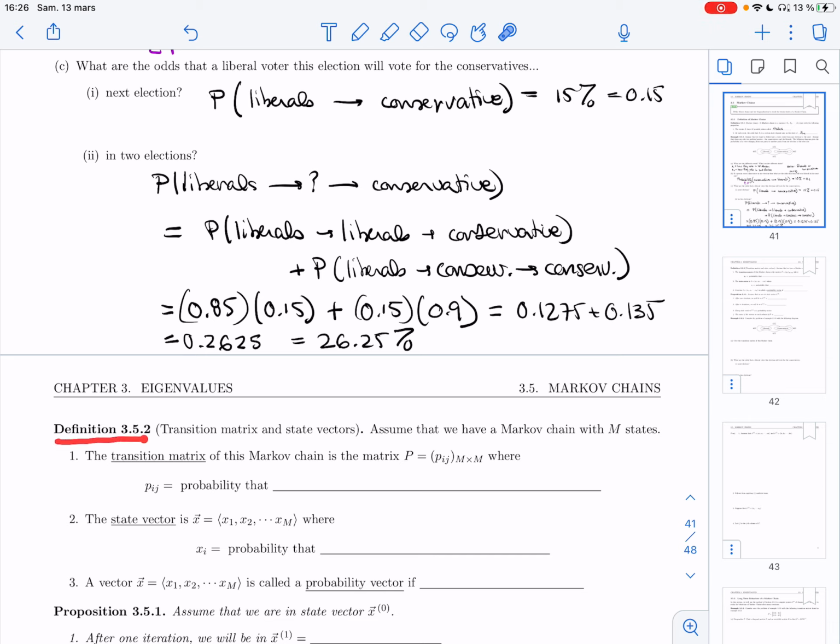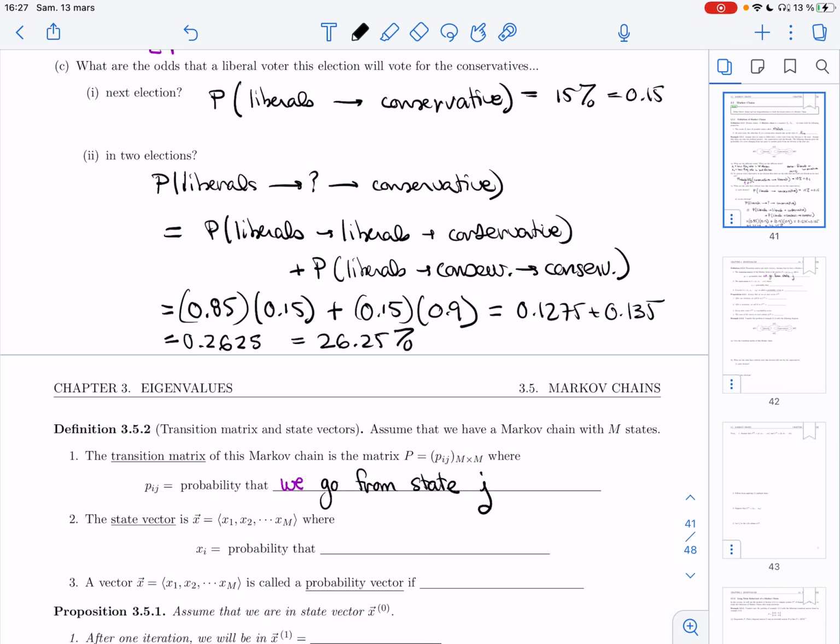So definition 3.5.2. We'll be defining the transition matrix and the state vectors of a Markov chain. Assume that we have a Markov chain with m states. The transition matrix of this Markov chain is the matrix P with entry Pij, where Pij is the probability that we go from state J, and this is a bit backwards from what you would do naturally.